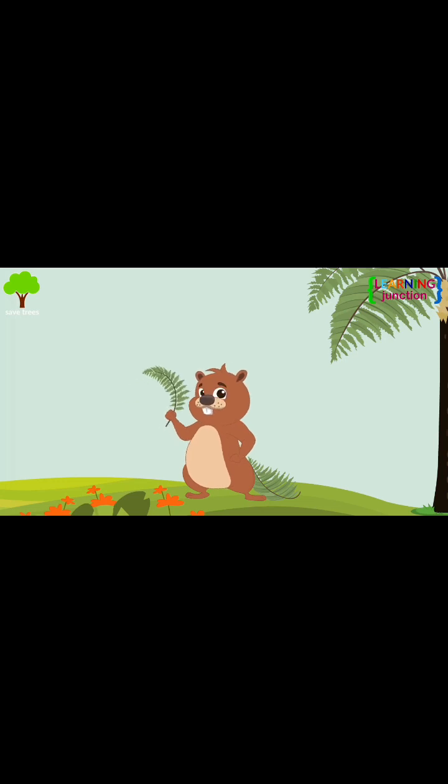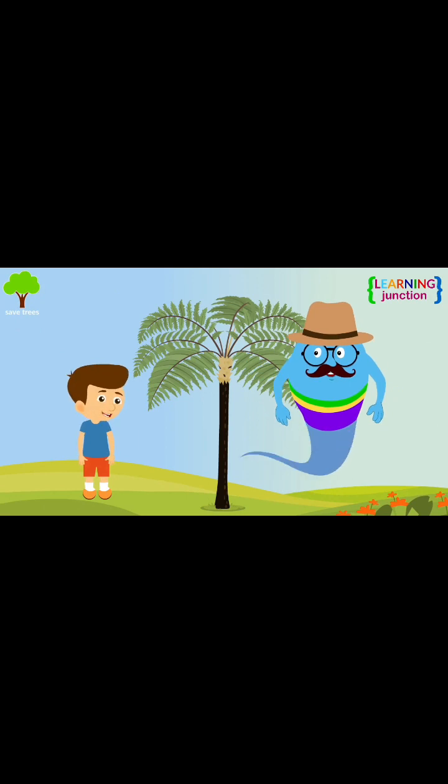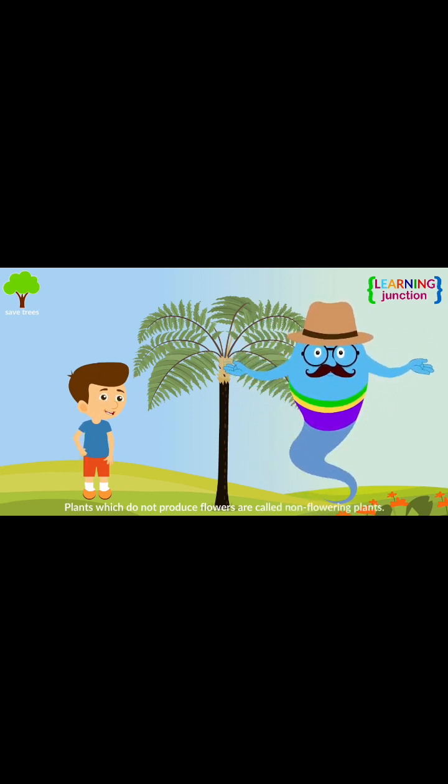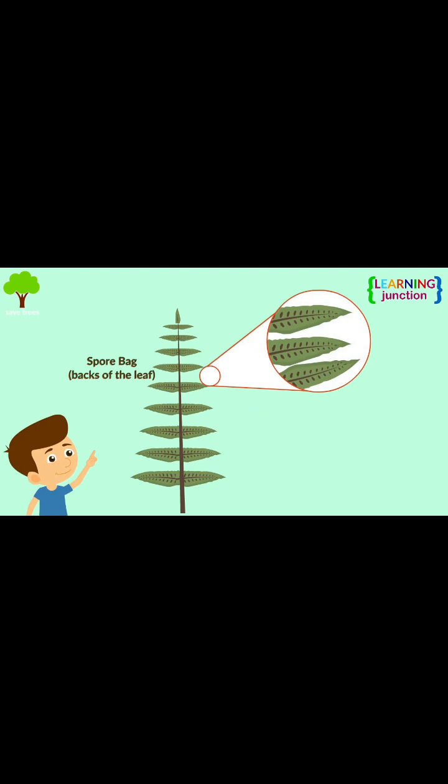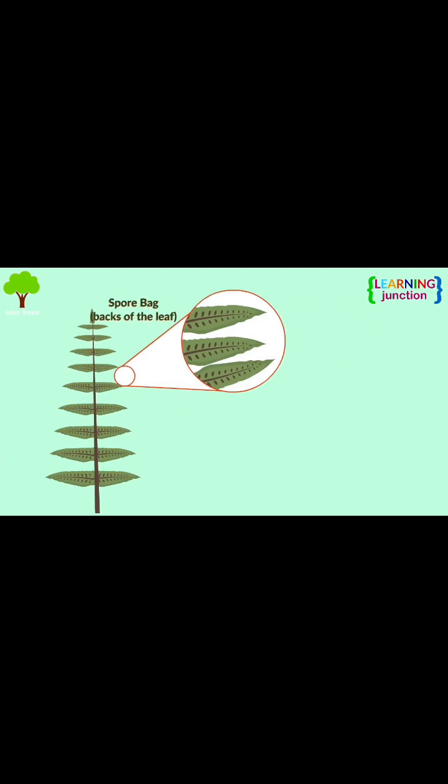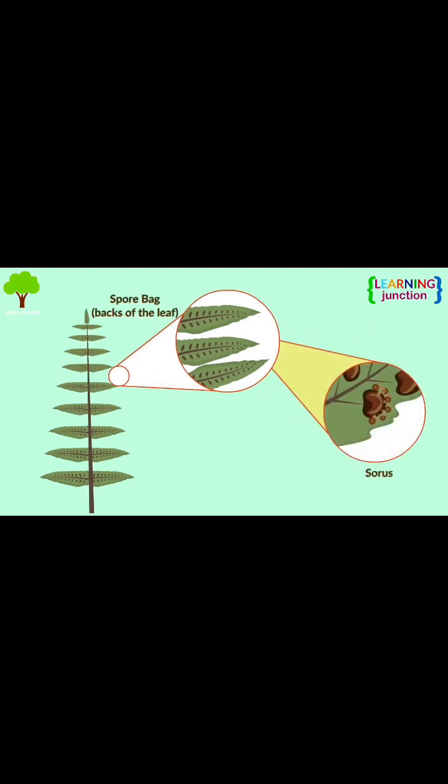See, this mountain beaver is happily playing with the fern leaves. The fern plants do not use flowers to reproduce. This type of plants which do not produce flowers are called the non-flowering plants. The spore bags are located on the back of the leaf. These are sori, the groups of sporangia which contain spores.